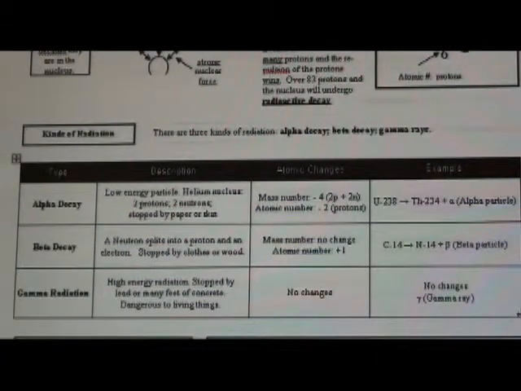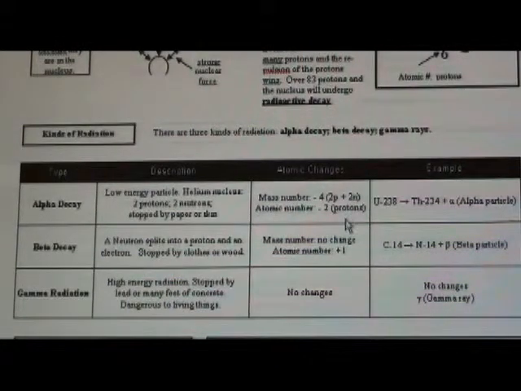These particles can be stopped by paper or by skin. The change in the atom is that the mass number will decrease by 4 because it's losing 2 protons and 2 neutrons. The atomic number is going to decrease by 2 because it's losing the 2 protons.